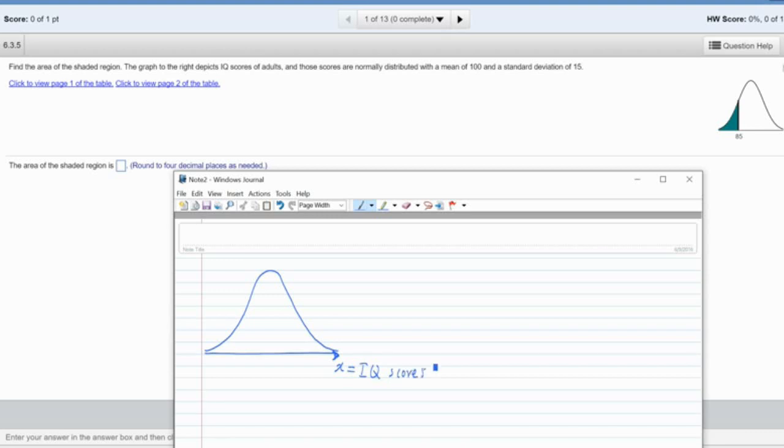These IQ scores are the random variable, and this random variable has a normal distribution with the mean equal to 100 and the standard deviation equal to 15. So here is 100. Basically you need to find the probability that someone's IQ score is less than 85. Here's the shaded region.